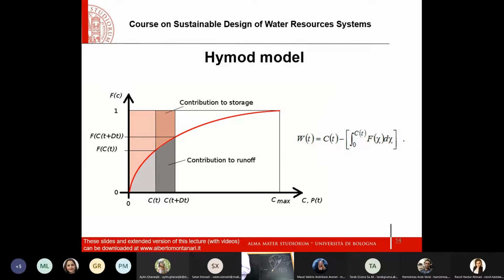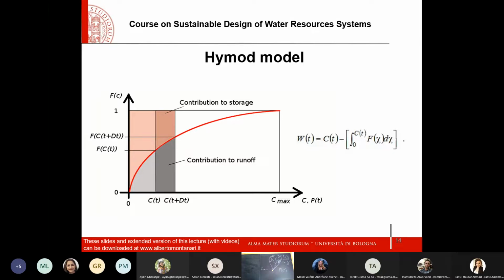And this rainfall absorbed is given by the dark pink area that you see above the red curve. Okay? And this is storage. And then I will explain better why the fraction above and not below.